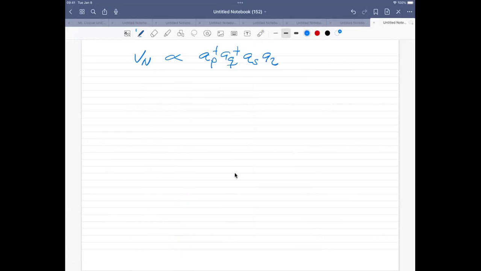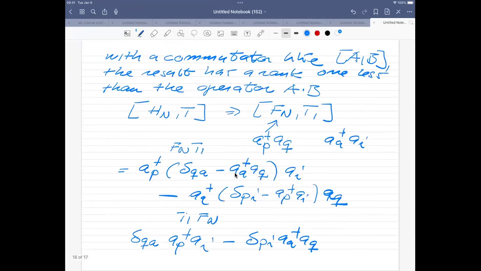So if we group this in terms of one creation and one annihilation operator, and we think of that as an object of rank 1, like the Fn operator, which we had here, this would be rank 1 in terms of particle-hole pairs or creation and annihilation pairs. And then this operator here is also rank 1.